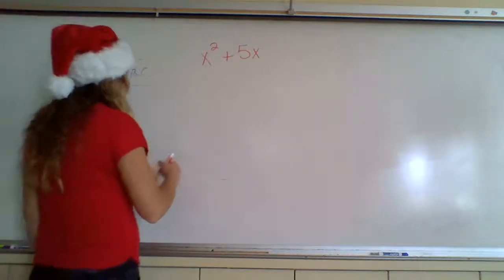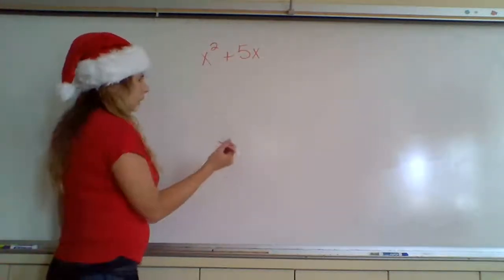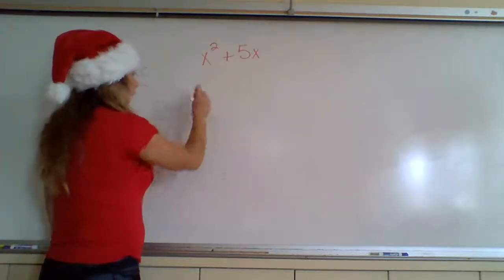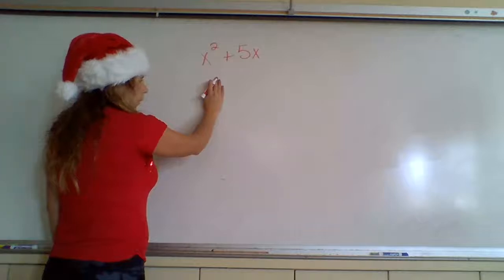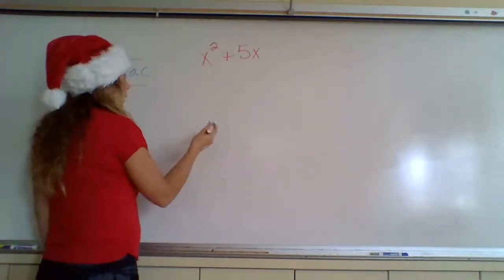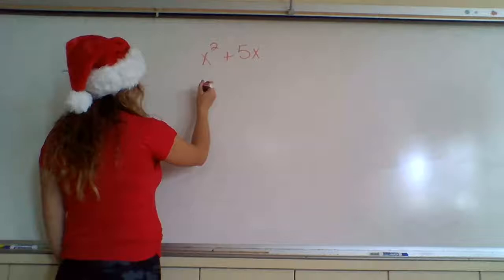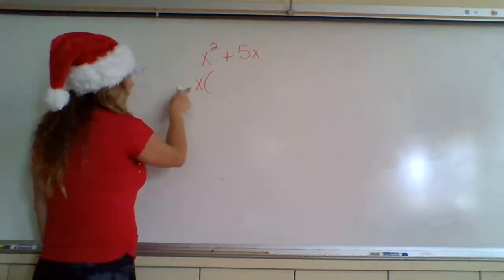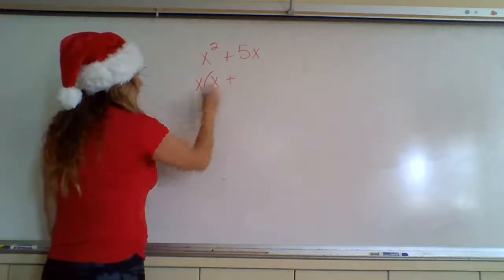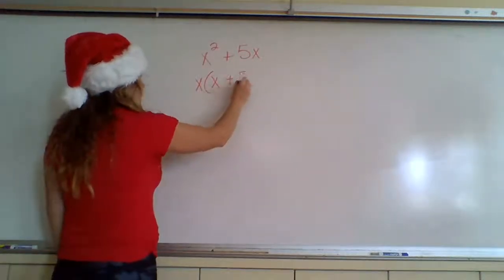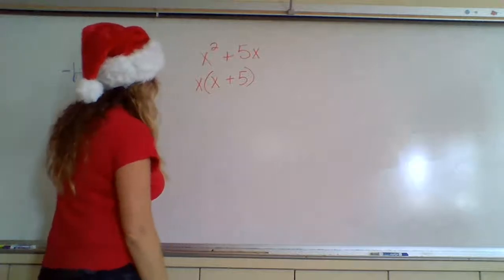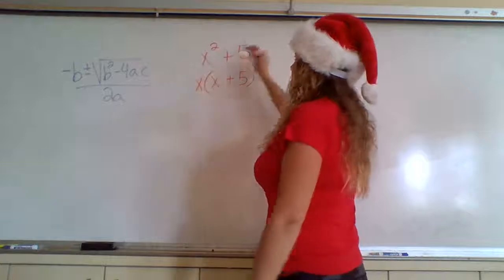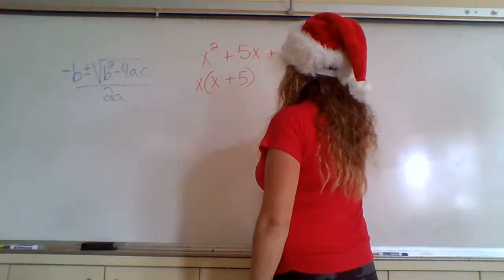Anyway, factoring. We were doing these in class. So what can I factor? What am I going to multiply together to get this? In class, we were just pulling out what they both have. So I can factor out an x, and that leaves me with x squared divided by x is x, and 5x divided by x is just 5. The other way you can look at it is this is a, b, so c is just 0.